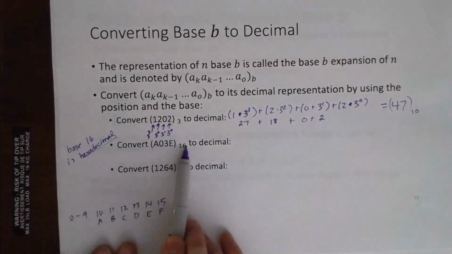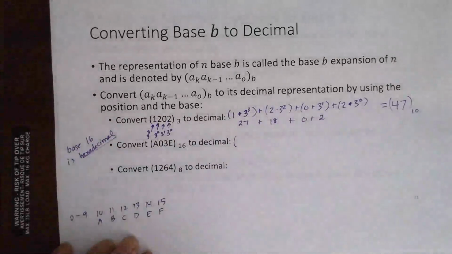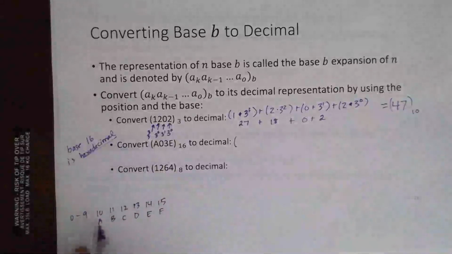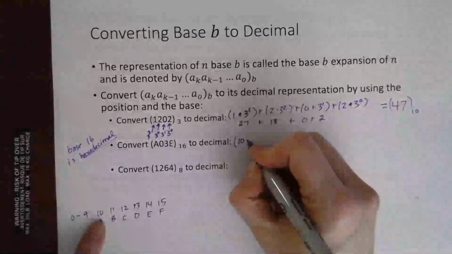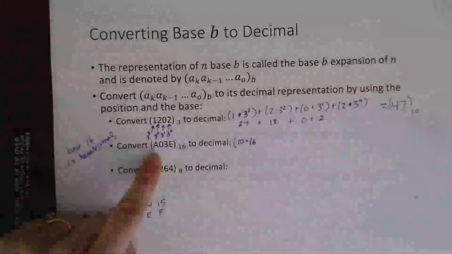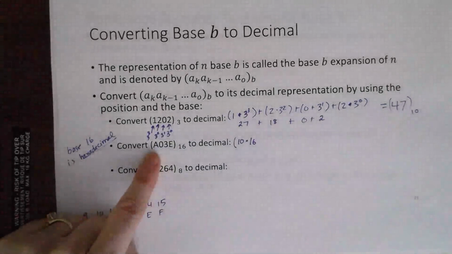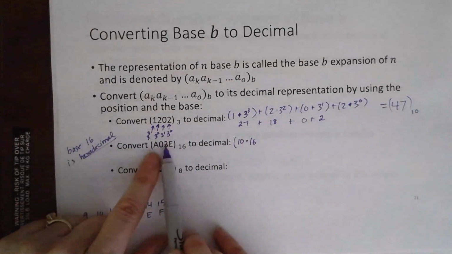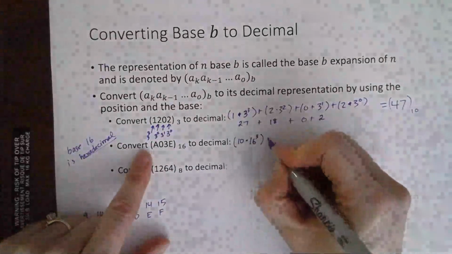If we want to figure out what this one is in decimal, the A is worth 10 in decimal, so that would be 10 times, and this is the 16 to the what place? To the third: 16 to the 0, 16 to the 1, 2, 3, so this would be times 16 to the third.